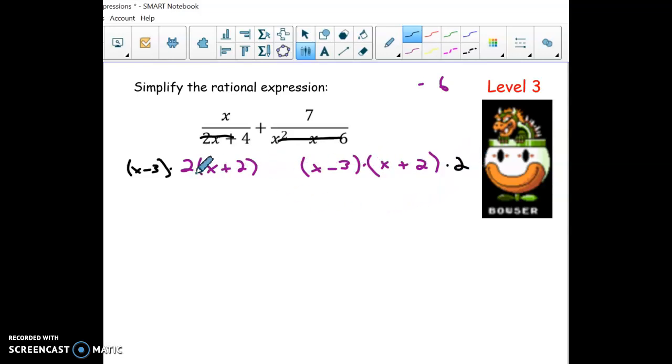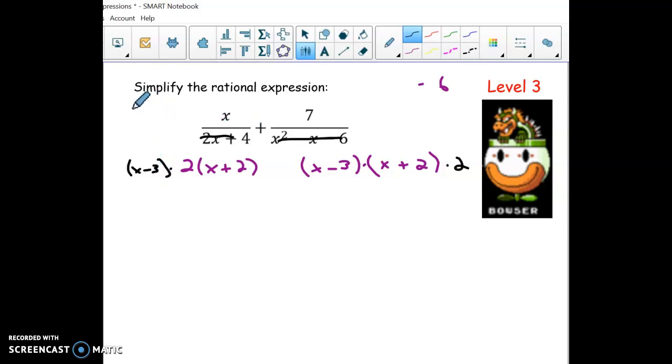So basically, we have to figure out what it does not have from the other one. This one has a 2, so this one needs a 2, and that's all it needs. This one is missing an x minus 3, which is over here, so we need to bring it over there. So look at what is missing from the existing denominator.